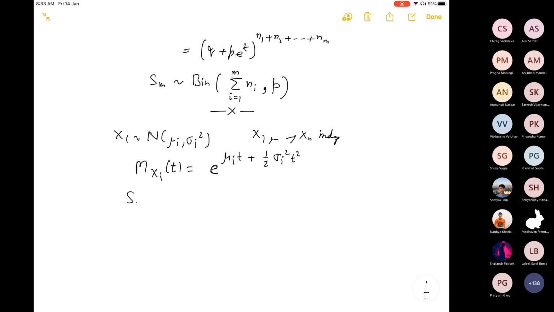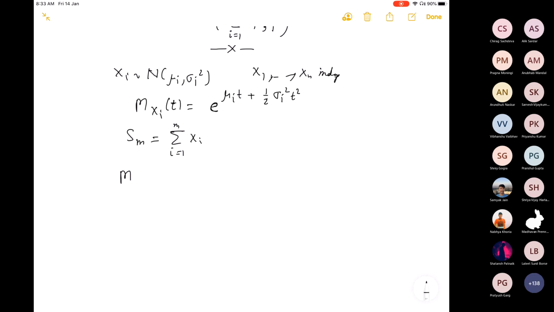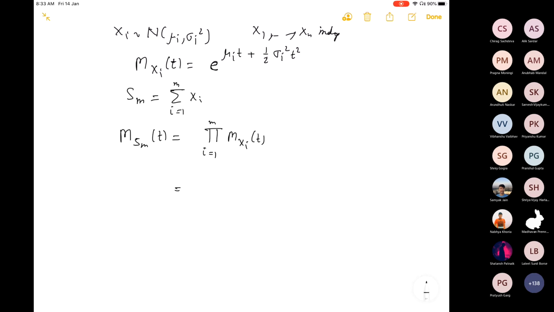And we take Sm as summation Xi, i from 1 to m. Then the moment generating function of Sm at t is the product of their moment generating functions. So this will be e raised to power mu 1 t plus half sigma 1 square t square, and so on, up to e raised to power mu m t plus half sigma m square t square.